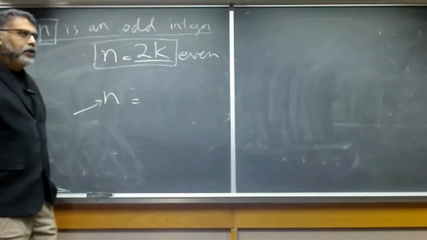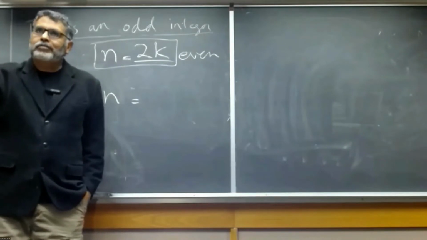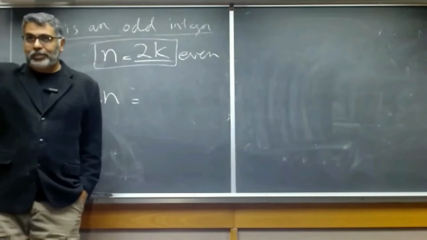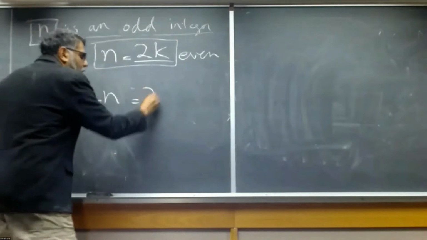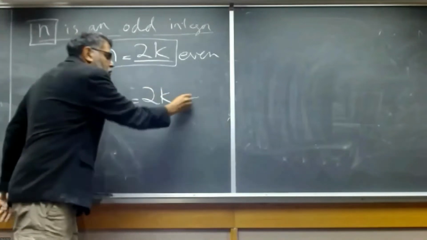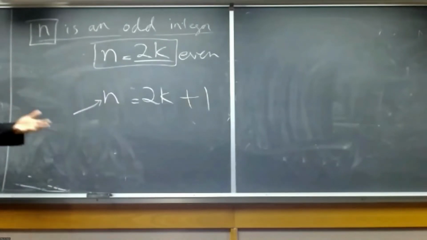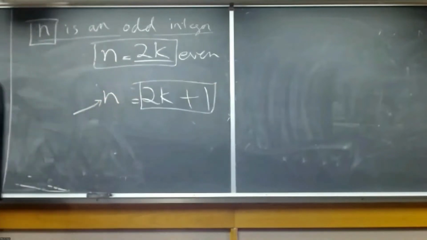Well, if you give me an even integer, I'll just add 1 to it, and I'll get an odd. 2 plus 1 is 3. 5 is odd, plus 1, 6. Right now n is even, now it's odd. So to express odd integers in mathematics, this is our friend right there.